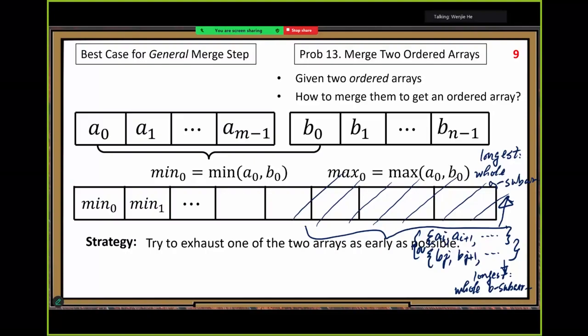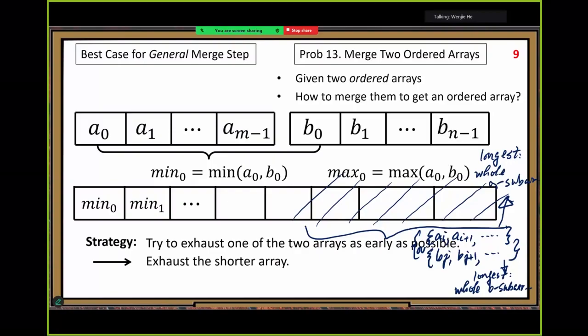So it will exhaust the B subarray as early as possible. The other one is the first element in B subarray can already exhaust all the elements in A subarray as early as possible. So these two cases you need to consider.